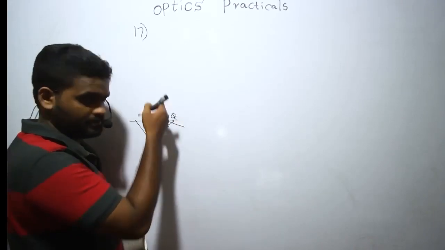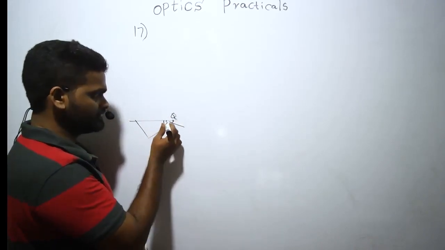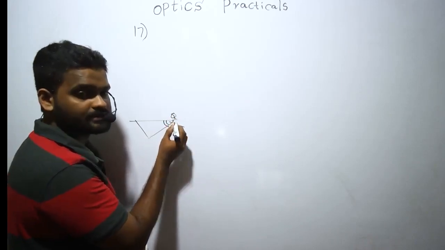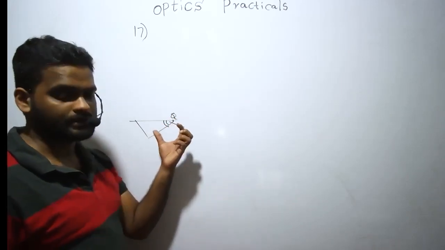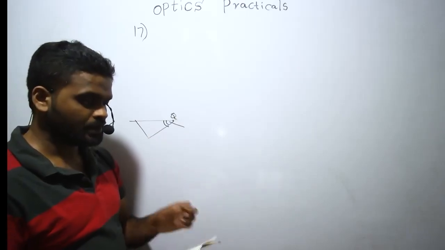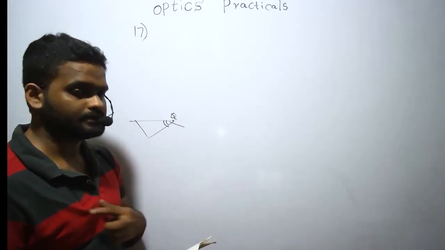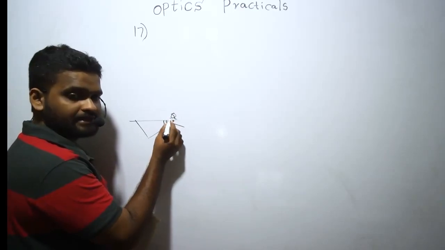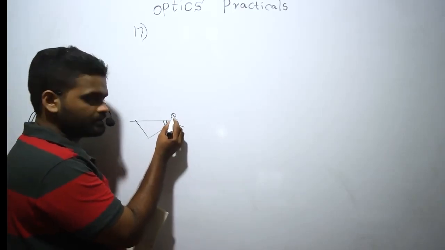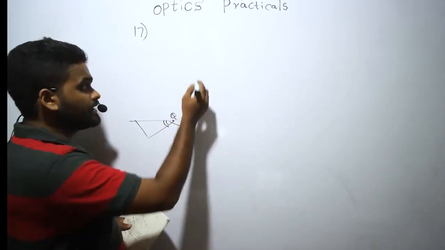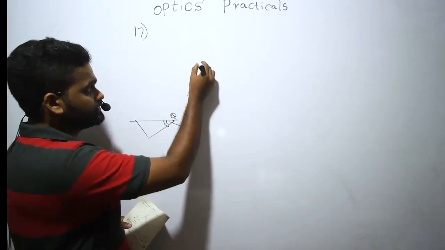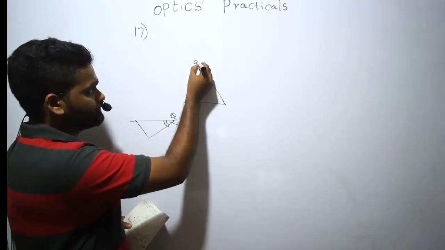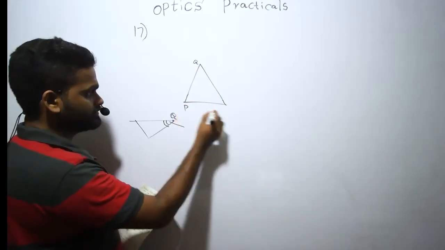According to the side we took, the prism angle is at the Q vertex. So here we are going to find the prism angle. To find the prism angle, you have to identify the Q vertex. Then you place the prism like this. Q vertex is here, and these are P and R.